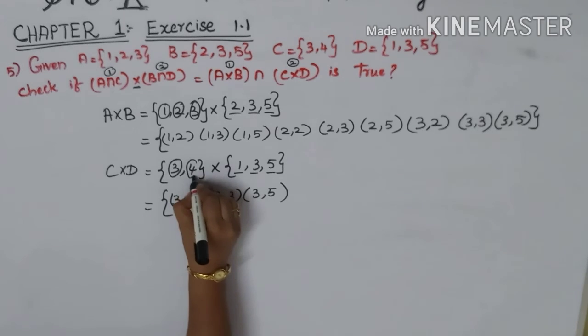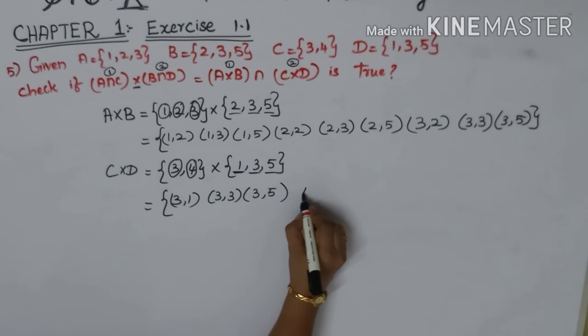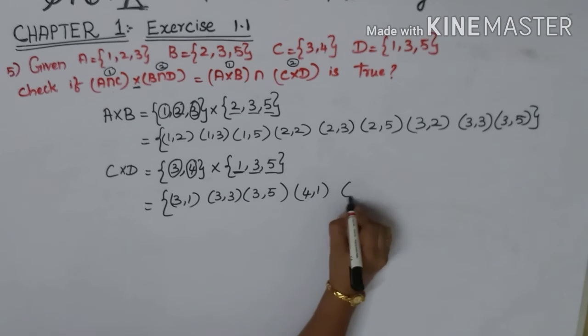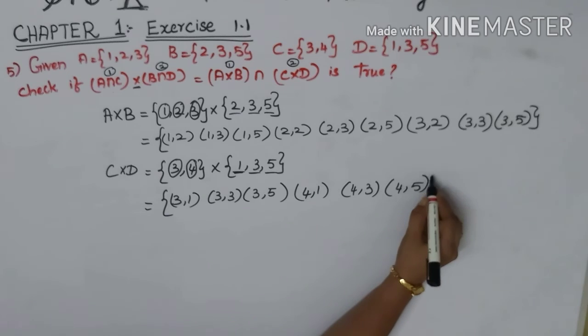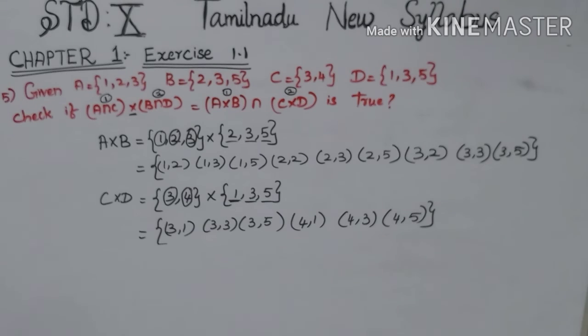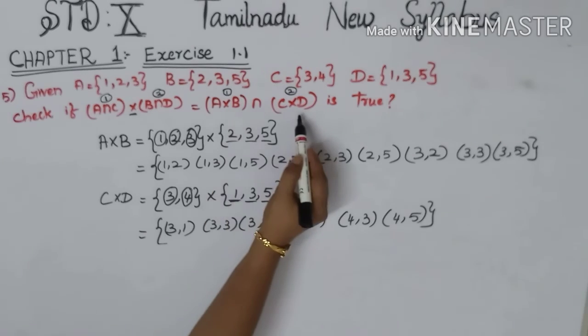Then the second element in C joining with these three elements in D. So it is (4, 1), (4, 3), (4, 5). So we have finished all the elements. A cross B we have found out, and C cross D is also over. So our first step and second step is over.